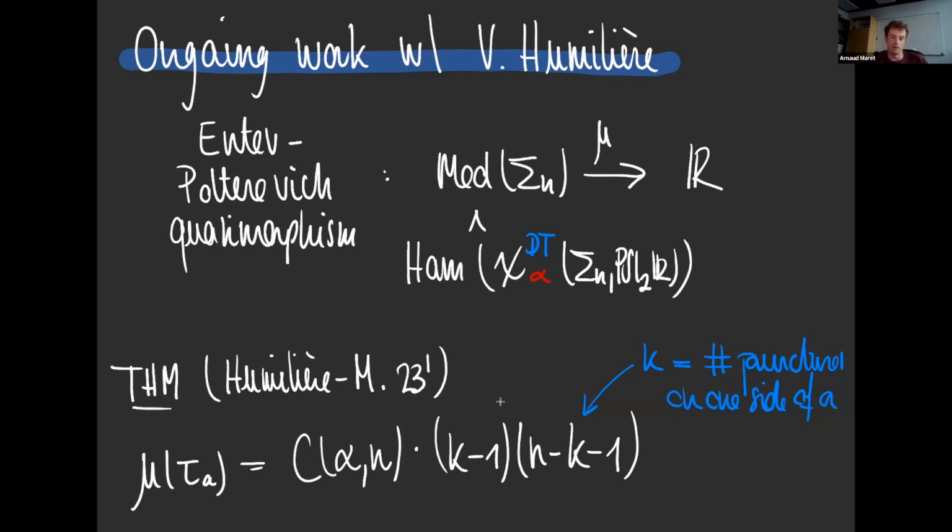So we are exploring how close is this connection between the restriction of the Entov-Polterovich quasimorphism to the mapping class group and these quasimorphisms on braid groups defined using invariants of knots, like the signature of knots and so on. All right, that's everything I wanted to say.